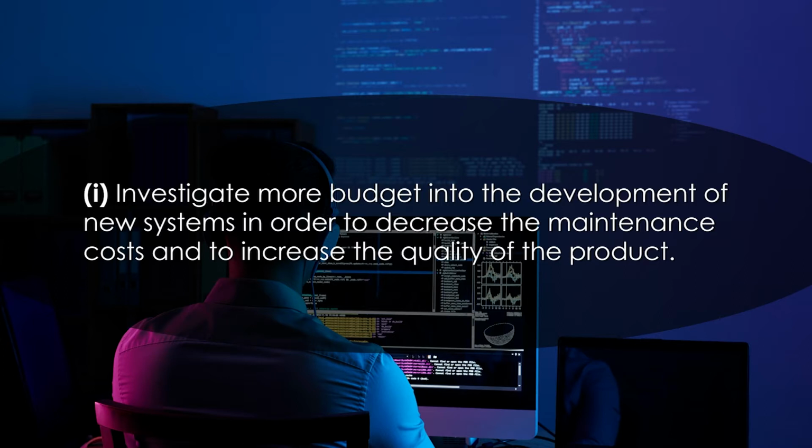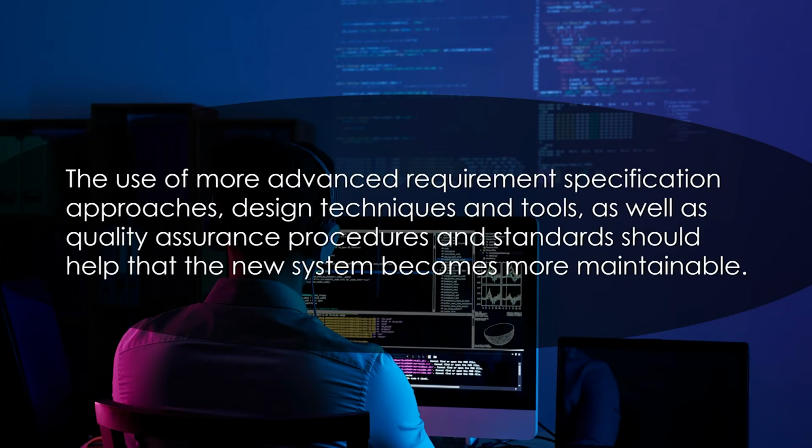Invest more budget in the development of new systems in order to decrease the maintenance costs and to increase the quality of the product. The use of more advanced requirement specification approaches, design techniques and tools, as well as quality assurance procedures and standards, should help the new system become more maintainable.